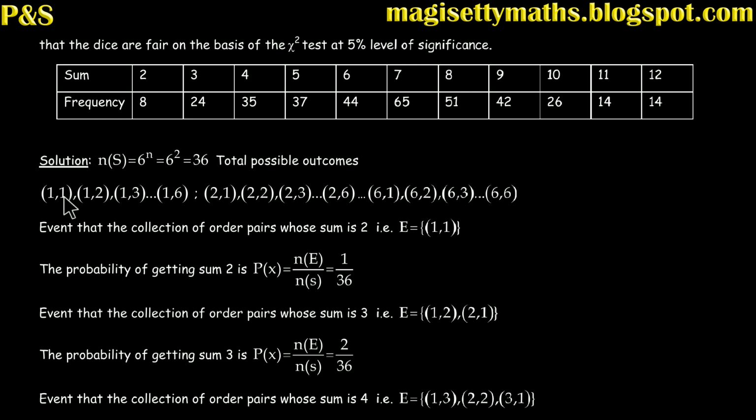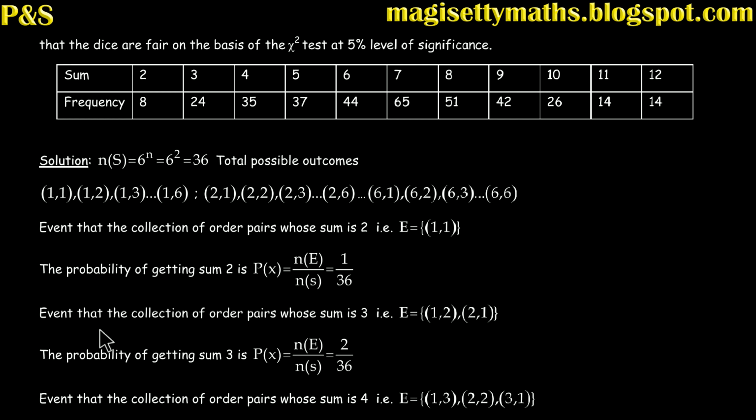In this sample space we have only one ordered pair whose sum is 2. That is, E equals {(1,1)}, whose sum is 2. Therefore n of E equals 1. The probability of getting sum 2 is P of X equals n of E by n of S, that equals 1 divided by the total possible outcomes 36, so 1 by 36.